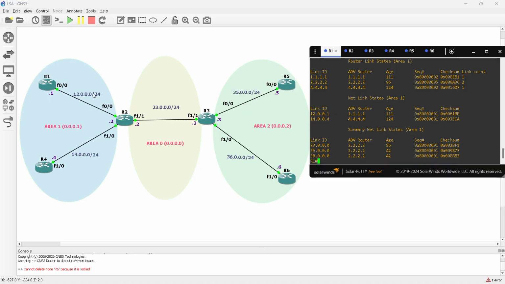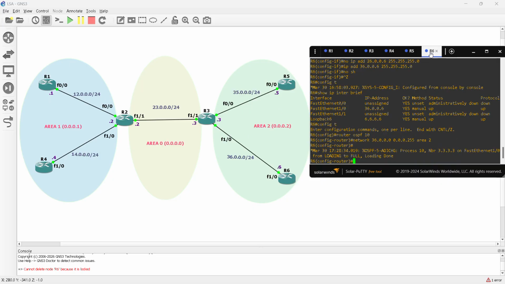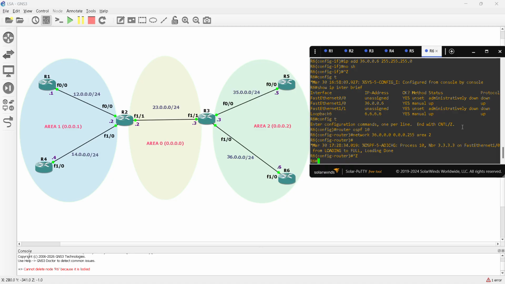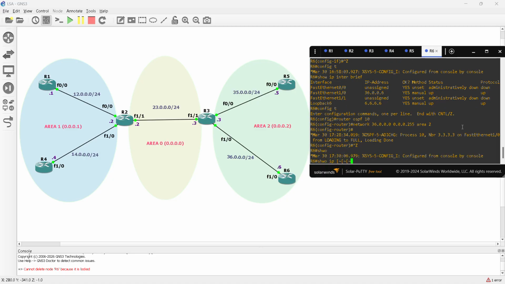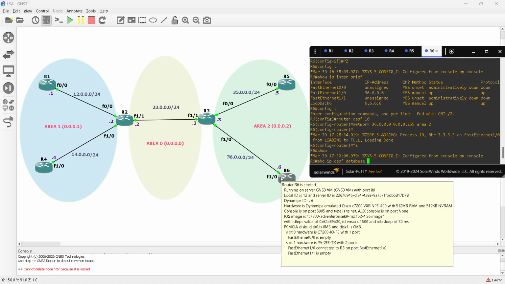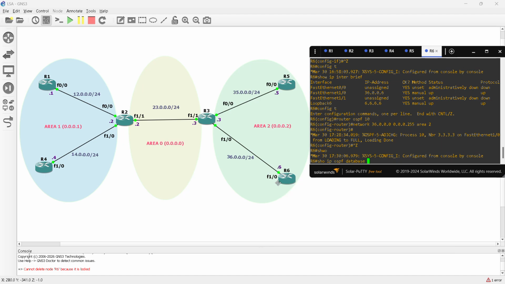After that, if I go and check in R6, show ip ospf database. So how many network summary LSA will R6 have in its LSDB?